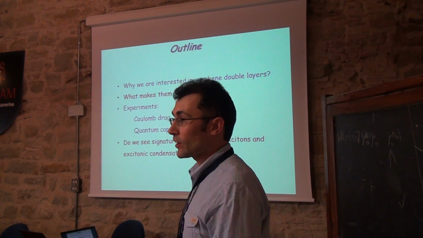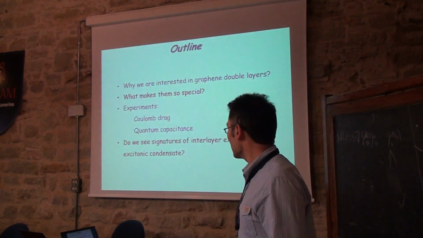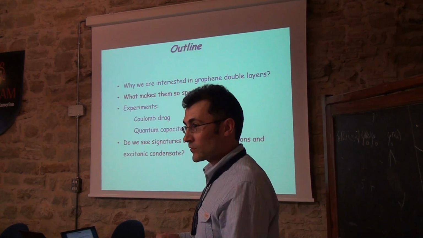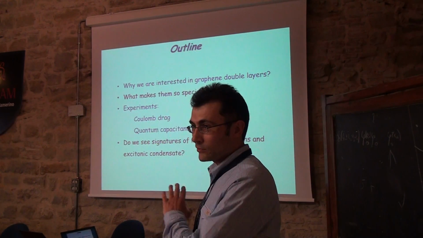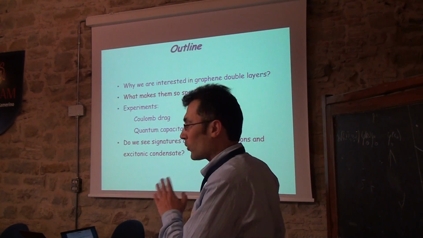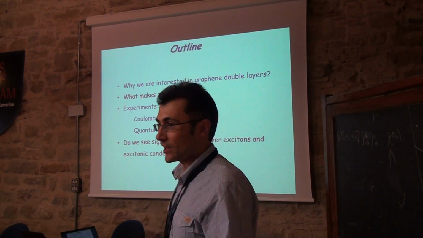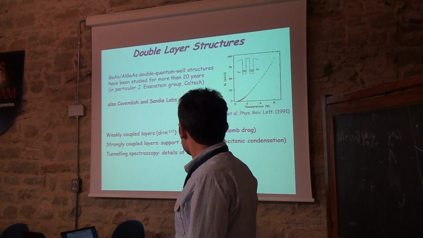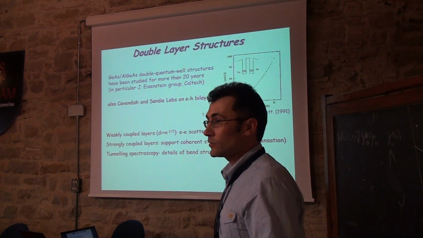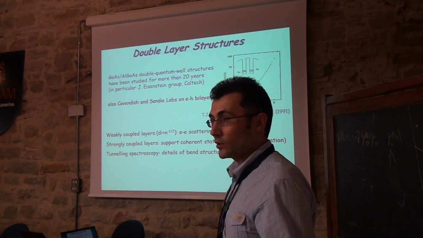One of them is Coulomb drag, which you have already heard several times today. Another one is so-called measurements of quantum capacitance. And then I will show you whether or not we actually see any signs of excitons or condensation in our experimental data.